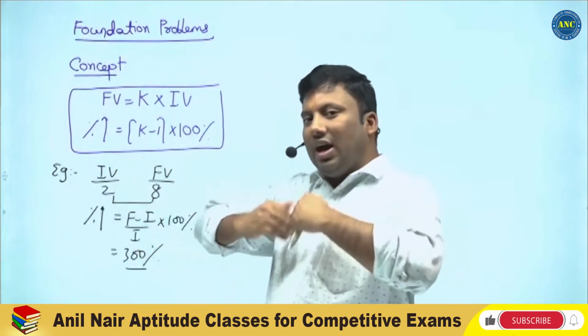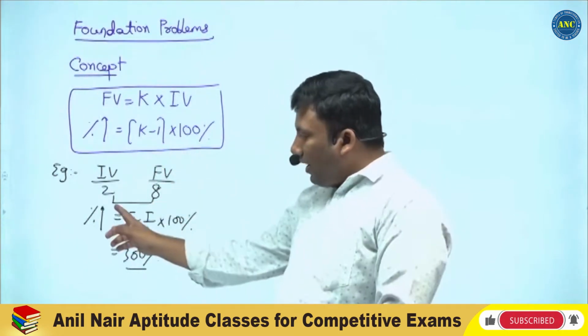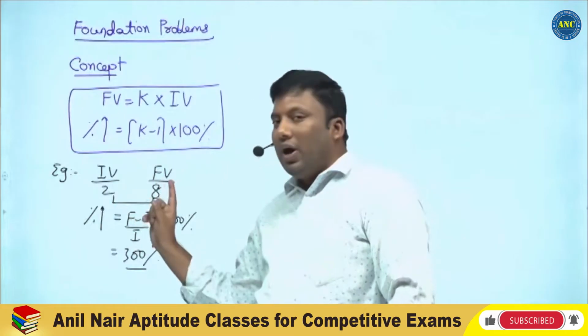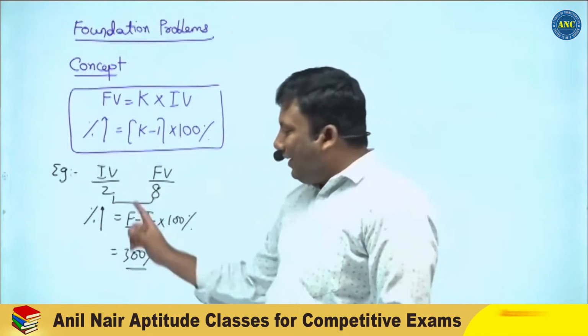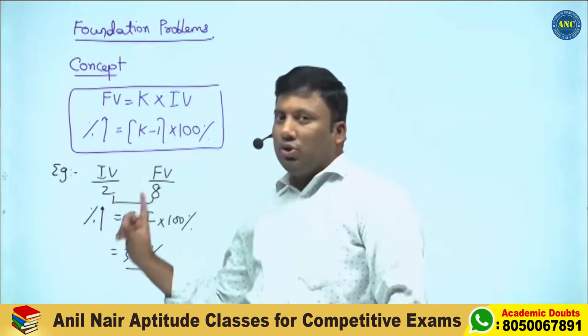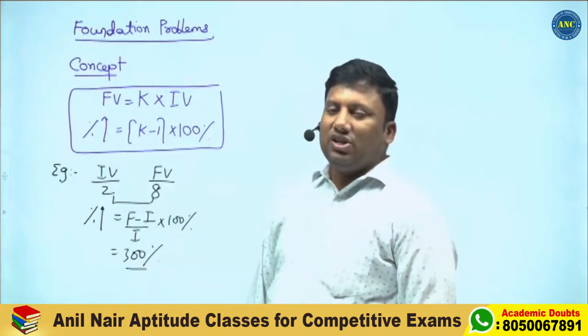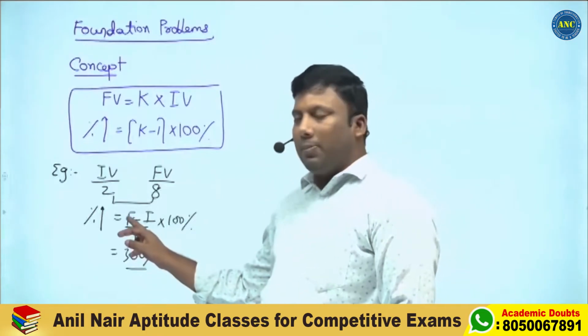Already 2 is there, another 6 we have to add. Increase means how much we have to add to 2 to get 8. I need to add 6 to 2. 6 by 2 is 300 percentage.